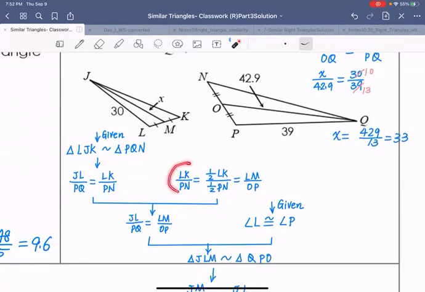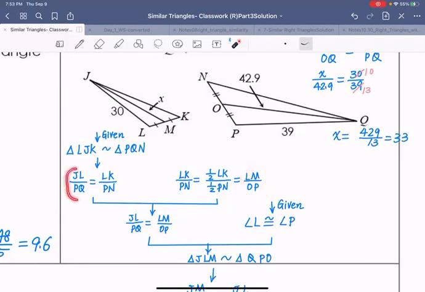This is correct because of the multiplication property: you times the same constant, the equation is still right. 1/2 of LK is LM. 1/2 of PN is OP. So it equals this, correct?